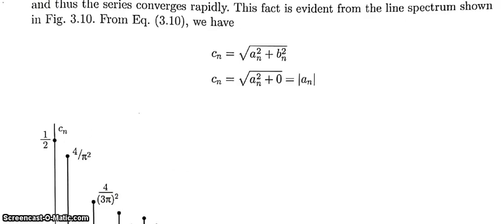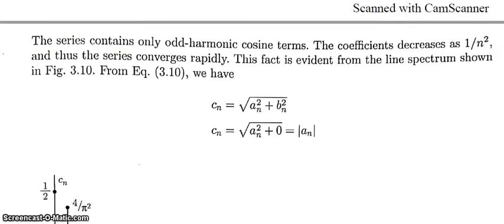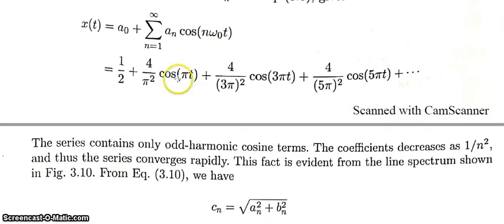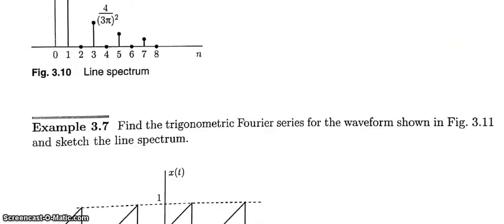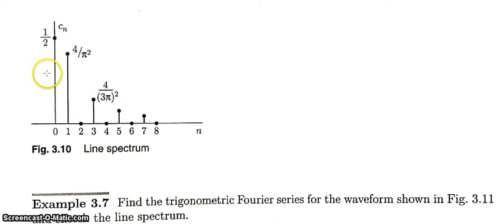The magnitude of an, when n is 1, is 4 by pi square, for n equal to 3 it is 4 by 3 pi the whole square, for n equal to 5 it is 4 by 5 pi the whole square, and so on. And C0 is 1 by 2, which is equal to A0. Okay, so this is the line spectrum.